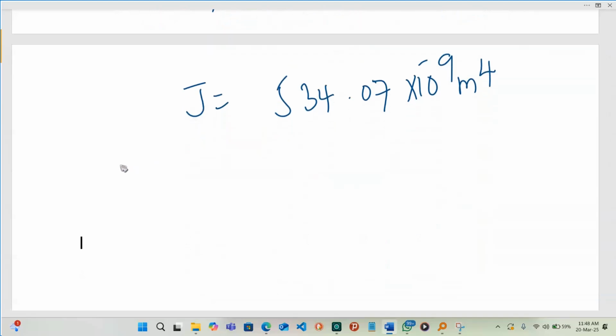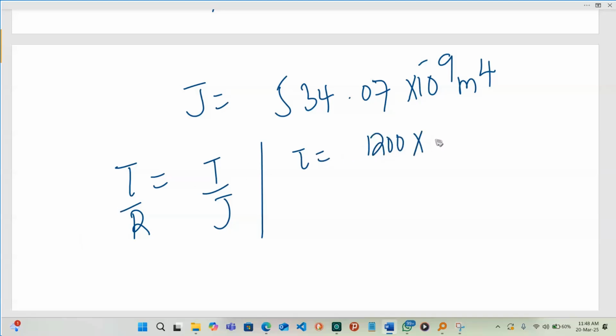So we will find tau. Remember tau out of R is equal to T out of J. So if we want tau, this is going to be T, which is 1200, times R. This capital R will now be the R max, so this is 50 divided by 1,000.